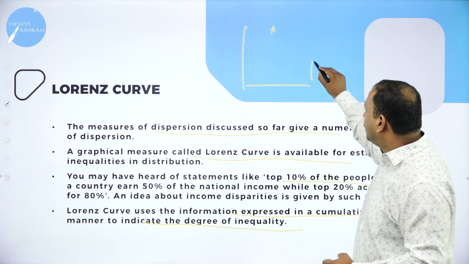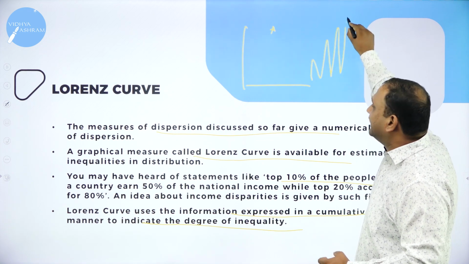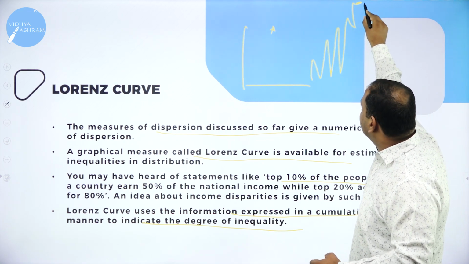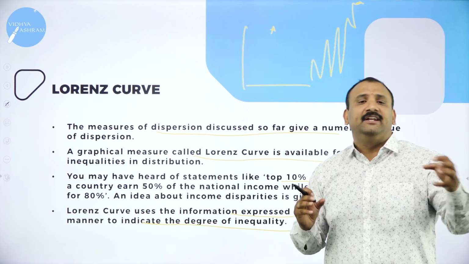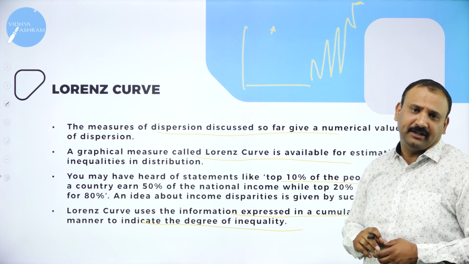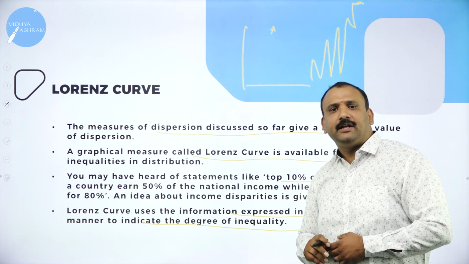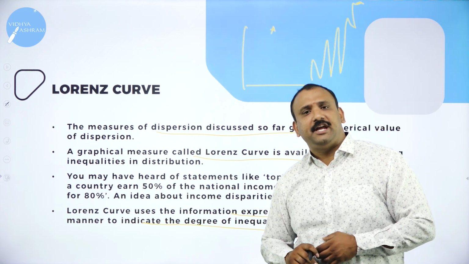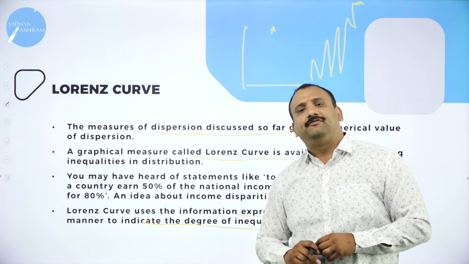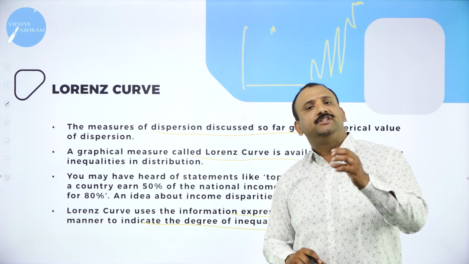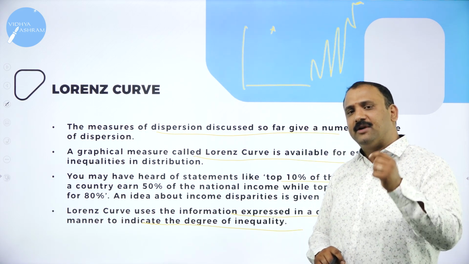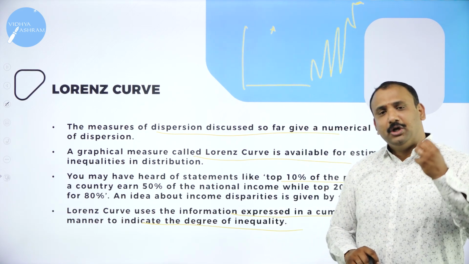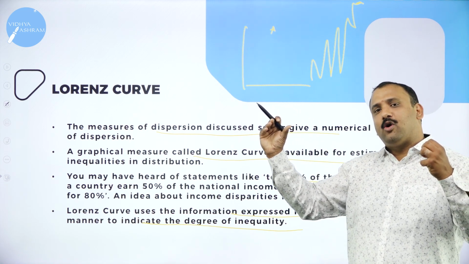So you will see that when you draw a graph like this cumulatively, there are certain values at the peak which give the total in comparison to the data that has been given. So for a country like India, when they make a statement saying that 20% of the Indian population holds 80% of India's wealth, the Lorenz curve will show the inequality: 20 people holding the share of 80 people.